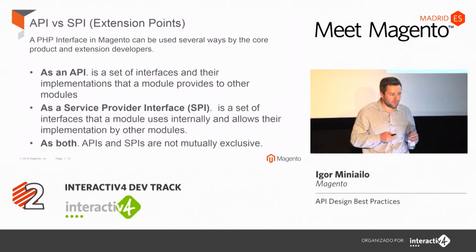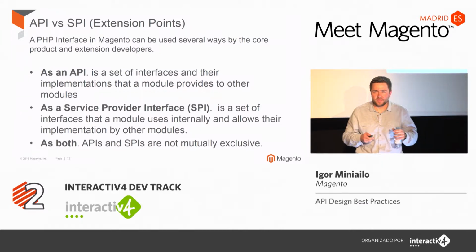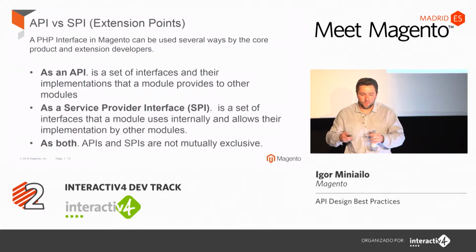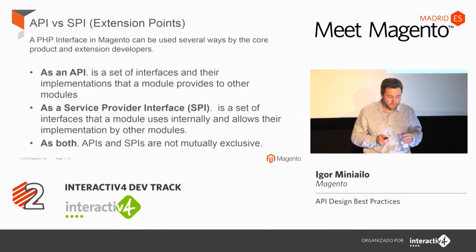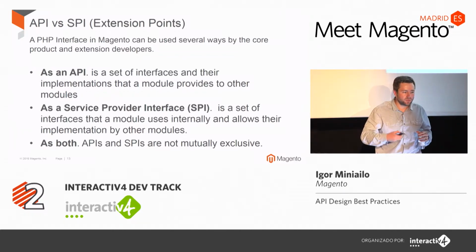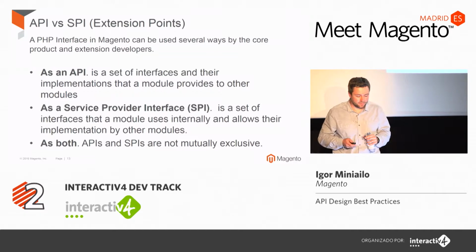That's why he provides his own implementation, which, for example, saves the data to Elasticsearch instead. And in this case, the guy who made that kind of improvement and overrides the default implementation actually uses the product repository interface as an SPI.